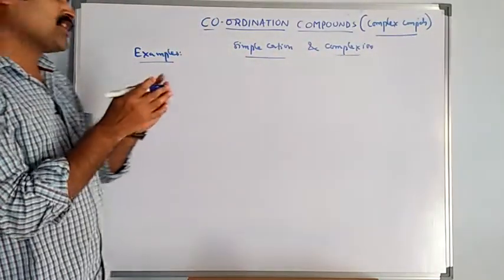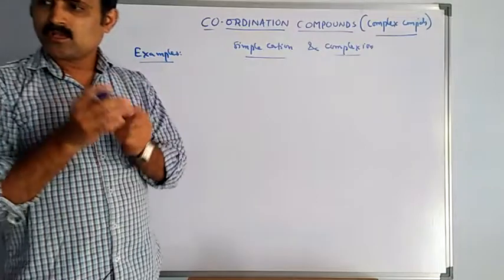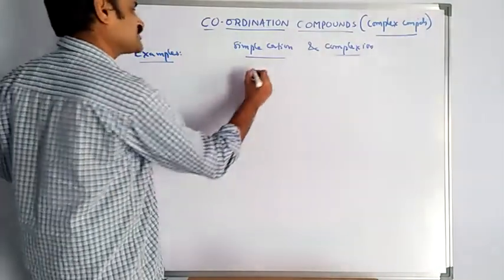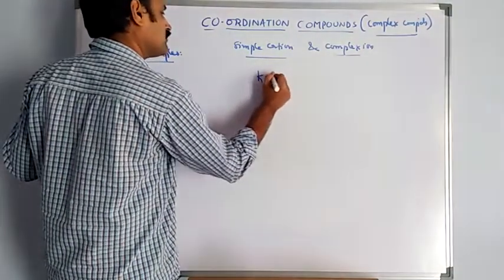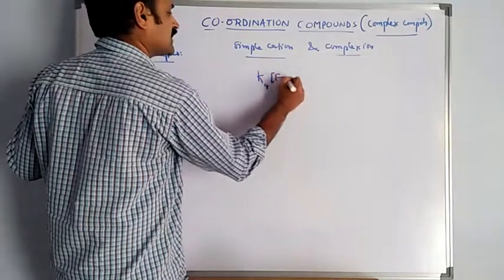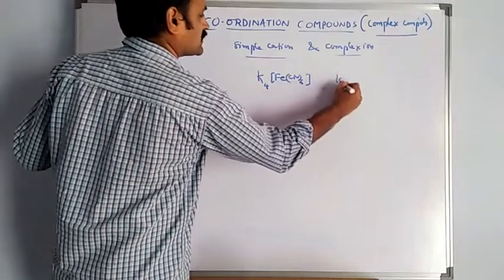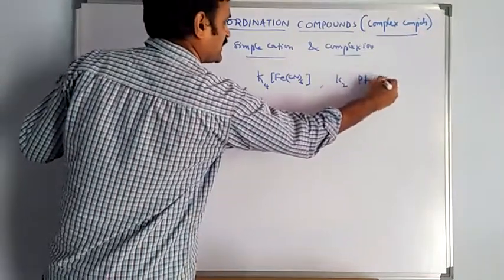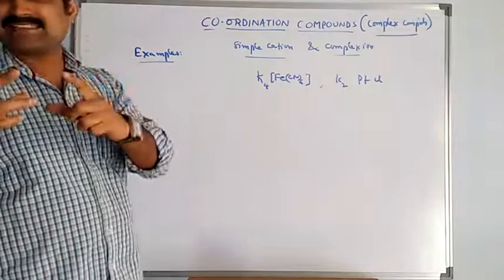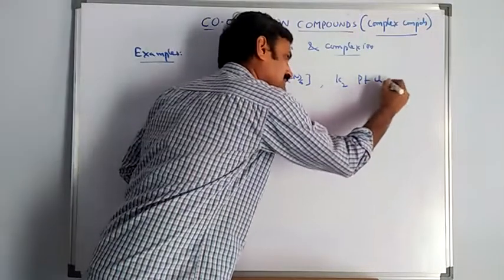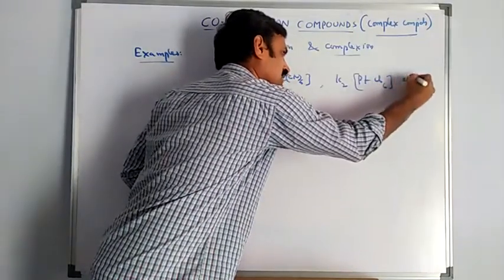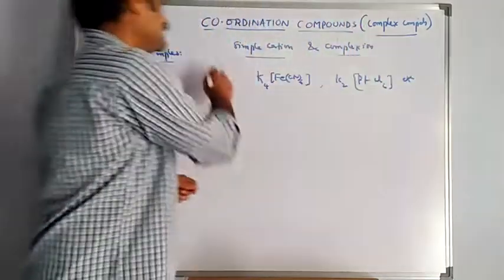Then you can take an example like what I discussed, potassium salts. Potassium is K4, the complex ion is [Fe(CN)6], or you can take K2[PtCl6]. What is PtCl6? It is platinate. These are the examples of this kind.